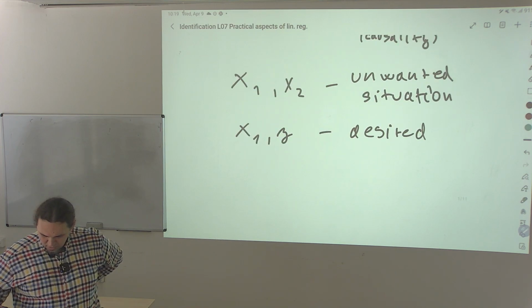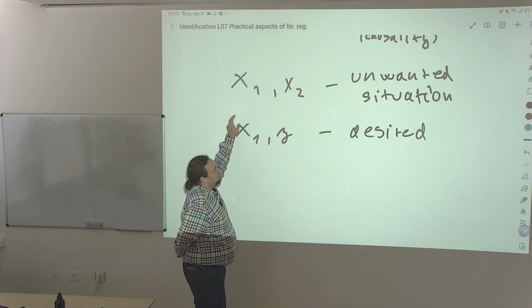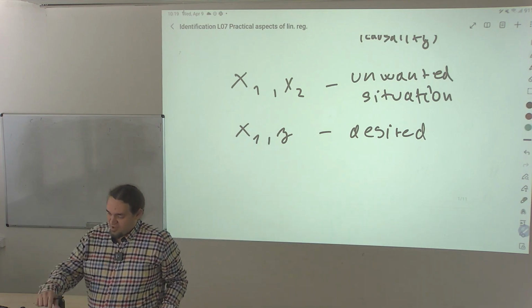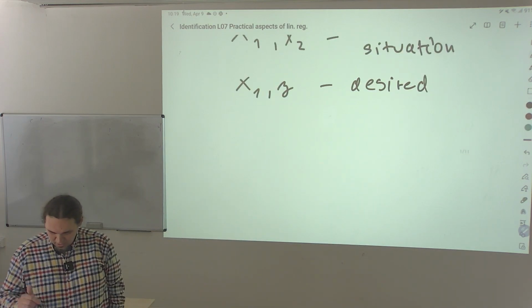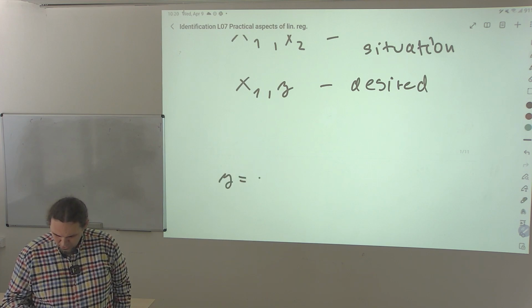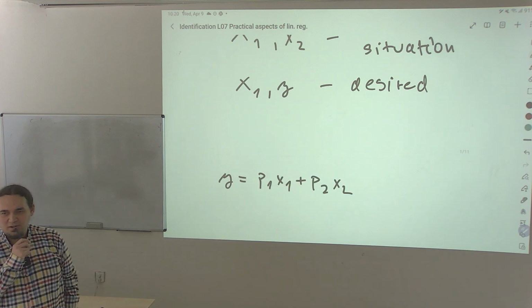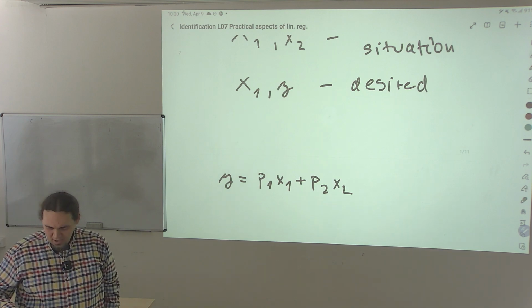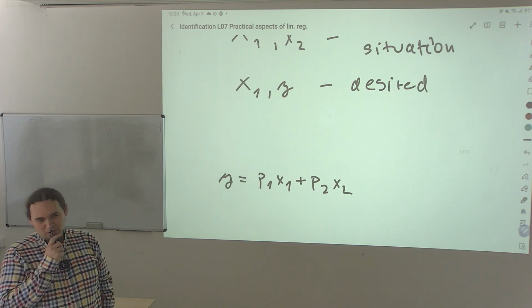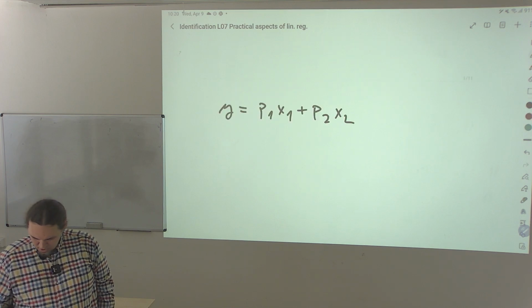Let's try to plot this unwanted situation. Let's say that we are building a model which has just two parameters, two inputs, two independent variables, and we didn't check for the correlation.